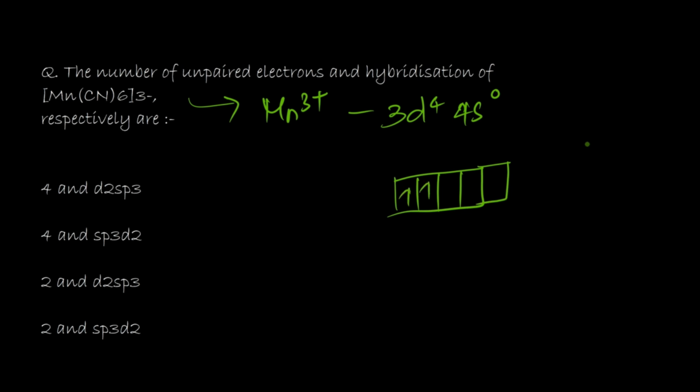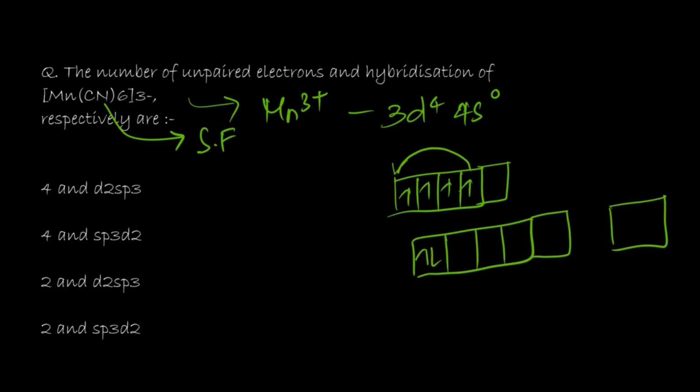Total 1, 2, 3, 4 in the ground state. This is a strong field ligand which will pair up the electrons, so that it will form d2sp3, that is its hybridization. Then how many unpaired electrons are there? 2 unpaired electrons. So the answer to this question is 2 and d2sp3.